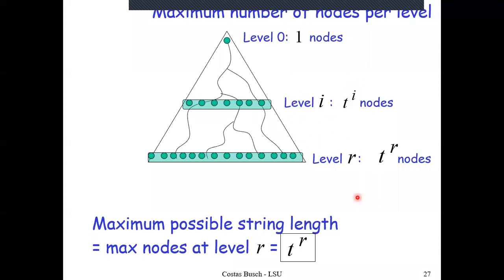And similarly, if the height of the tree is r, then the upper bound on the length of the string is t to the power r. So that is the relationship between the two, and we can always talk about it in the reverse manner as well.